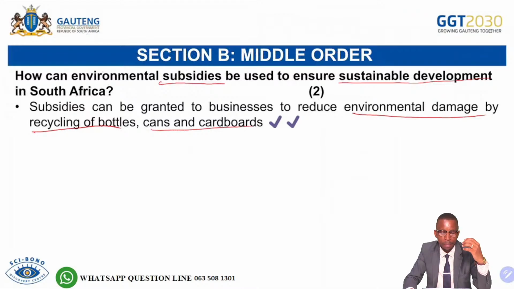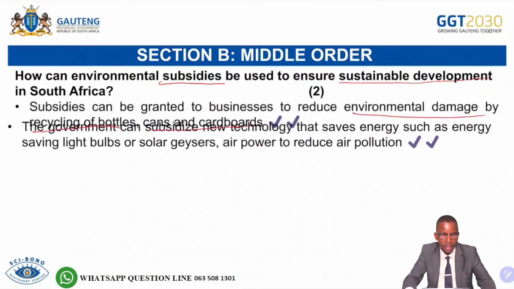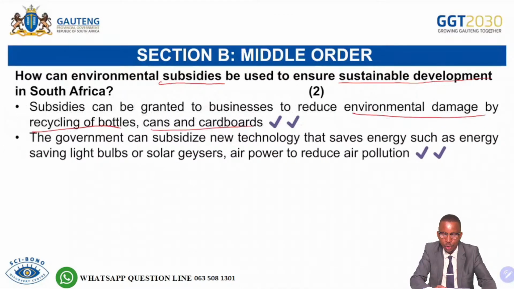Environmental subsidies will encourage us as businesses to keep on recycling the used material, so that we will always be receiving the funding that has been granted. And then the government can subsidize new technology that saves energy, such as energy-saving bulbs or solar geysers, air power, to reduce air pollution.